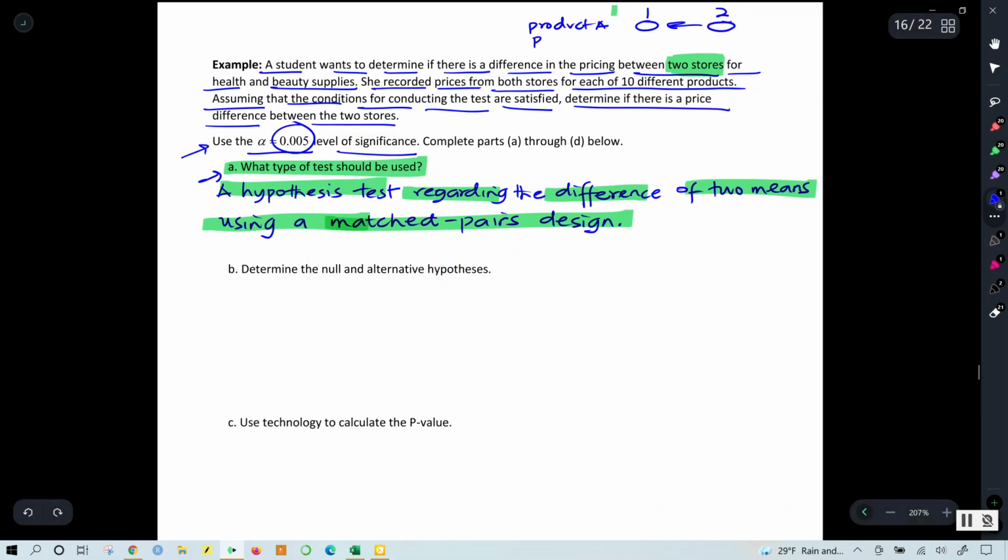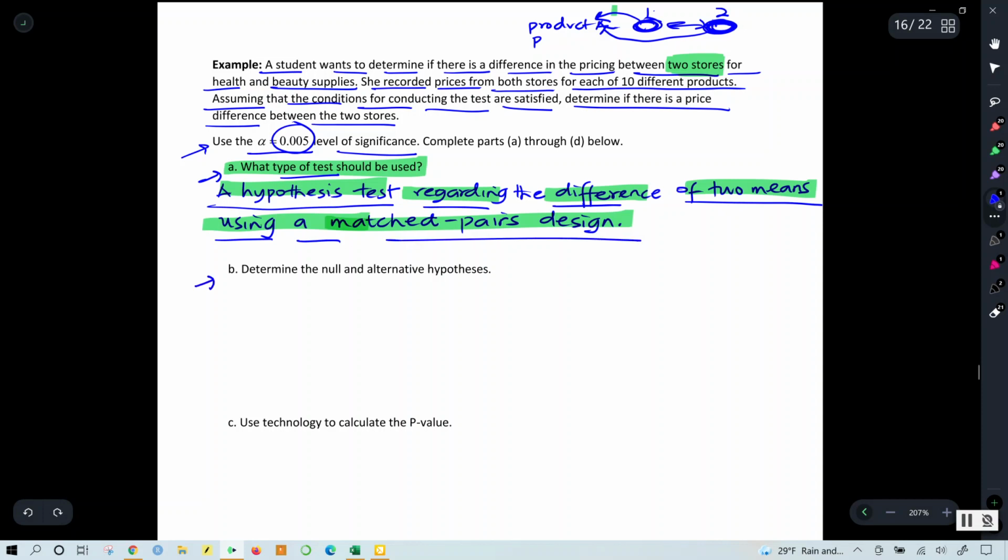So there is a dependence based on the fact that the price you picked in store 1 was for product A, so you are bound to pick that same price in store 2 for the same product. In that case, you can match these two prices together. So it is in this sense that the correct type of test to be used here should be a test regarding the difference of two means using a matched pairs design.